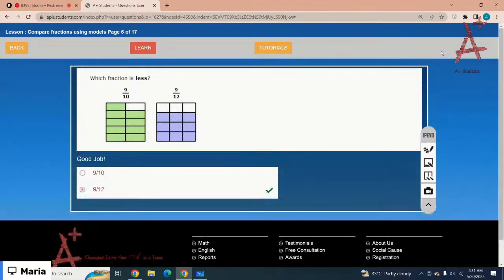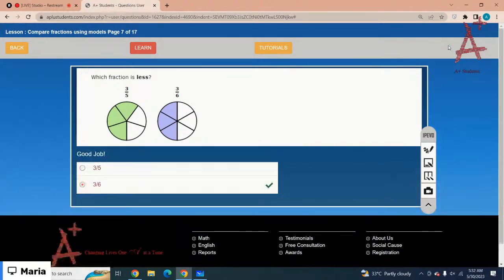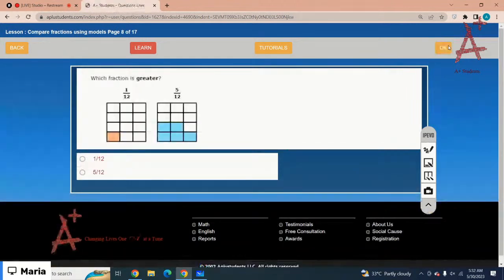Got it? The one that is more colored is greater. The one with less color is smaller. So which fraction is less, 3 by 6 or 3 by 5? 3 by 6 is less than 3 over 5. Got it? Okay, which fraction is greater, 1 by 12 or 5 by 12?